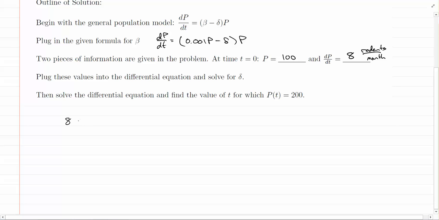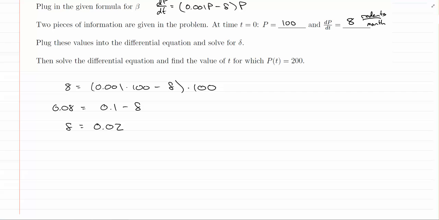So we'd have 8 equals 0.001 times 100 minus delta times 100. And we can use that to solve for delta. We'd have to divide both sides by 100. So we'd have 0.08 equals, now 0.001 times 100, that'd be 0.1. So that means delta would be 0.1 minus 0.08, which is 0.02.